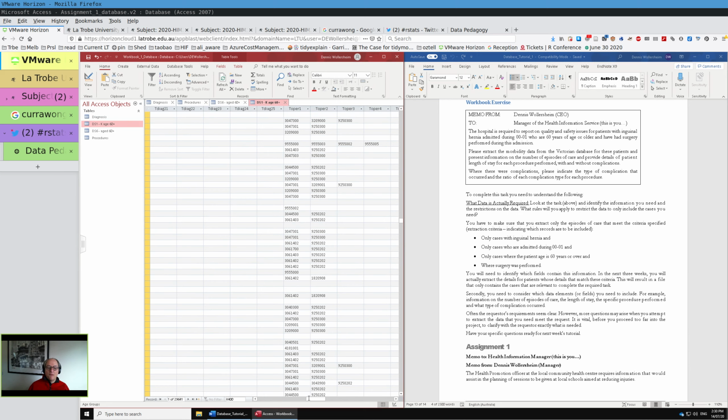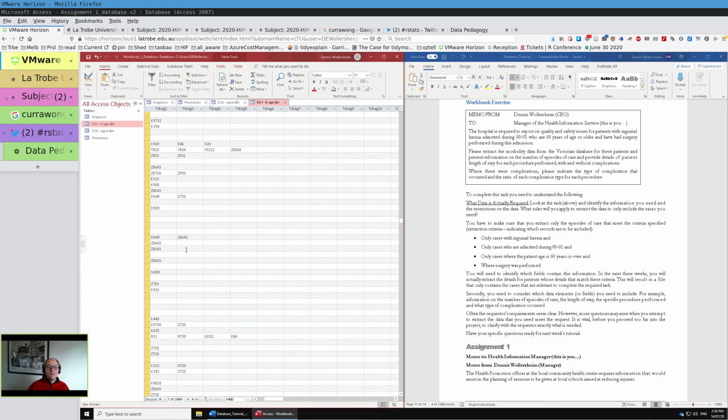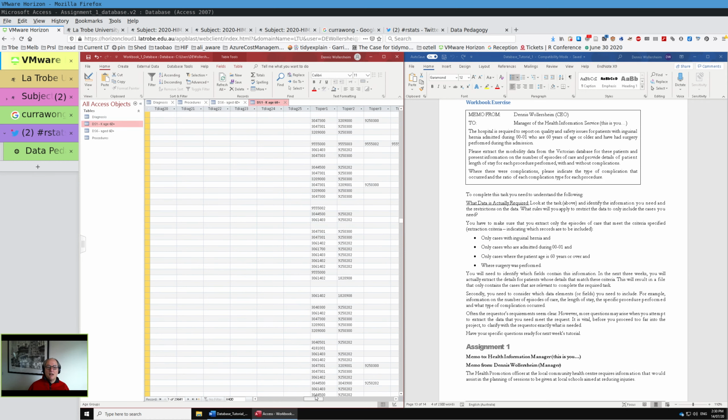We need to have people that have a K4000 somewhere in there. They need to have an operation there. And the next bit is we need to say whether they had complications or not, and that's another criterion that we'll look at later.